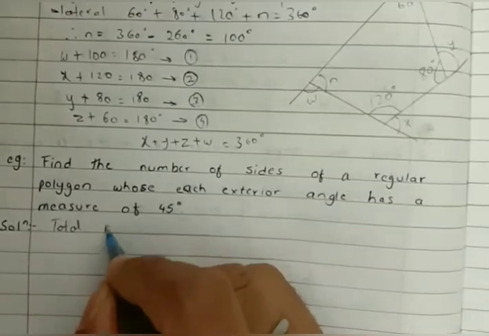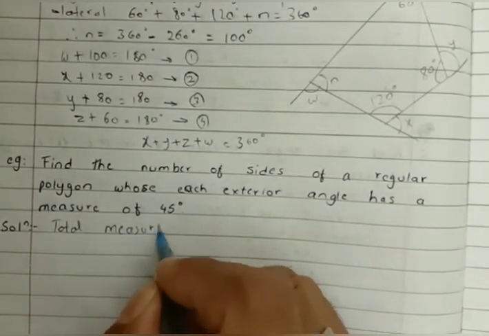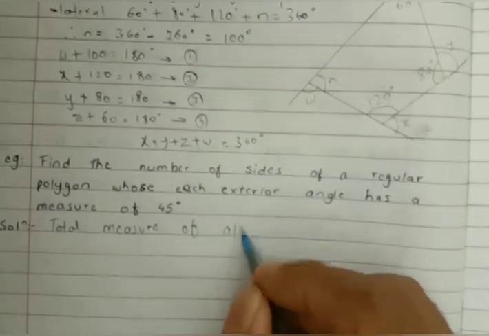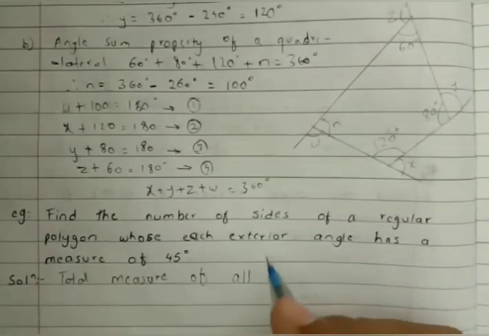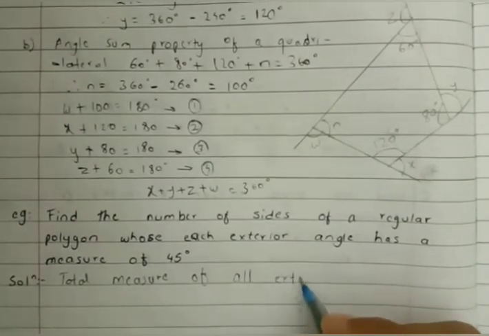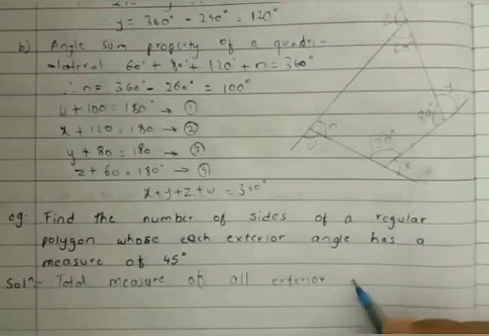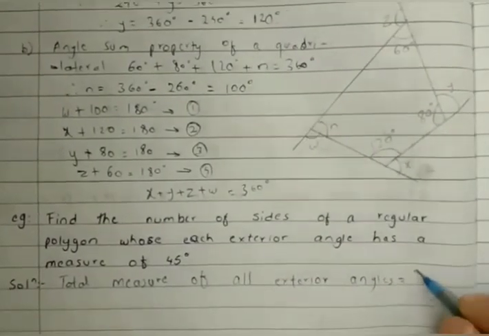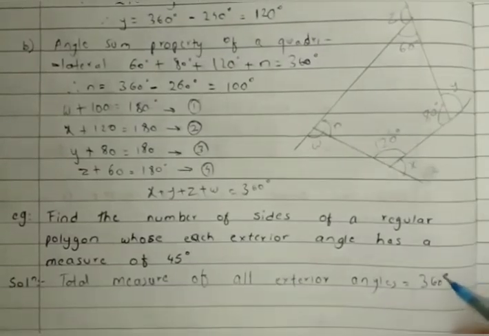Total measure of all exterior angles equal to 360 degrees, right?